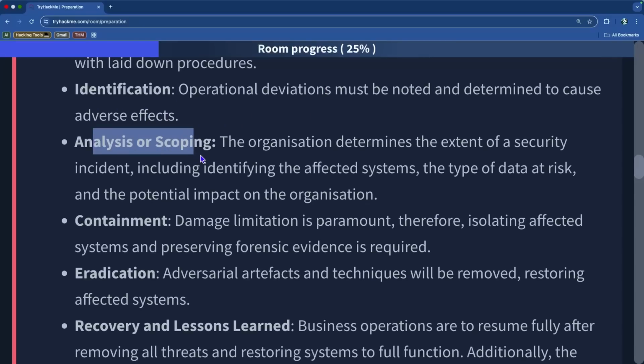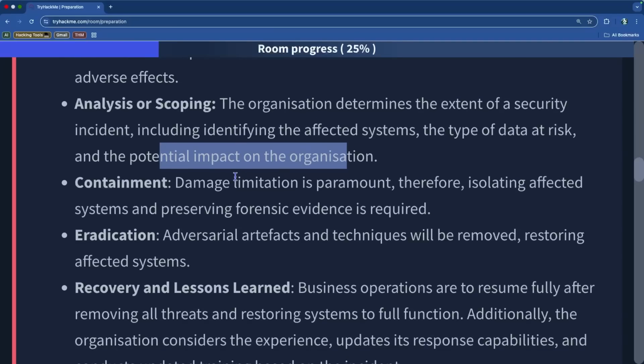Analysis or scoping has to do with the tools that you're going to be using and how you're going to identify the systems, number one, that are going to be inside of that scope, and then the type of data that's going to be inside of that scope, and the potential impact on the organization if any of that data was leaked or stolen or destroyed, right? Systems are crashed. What is that going to do to the company? So the extent of the security incident is what analysis and scoping really does.